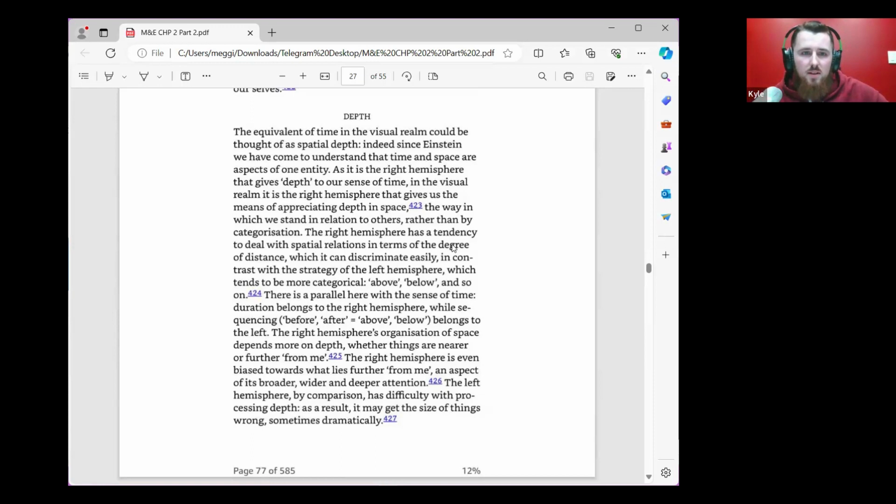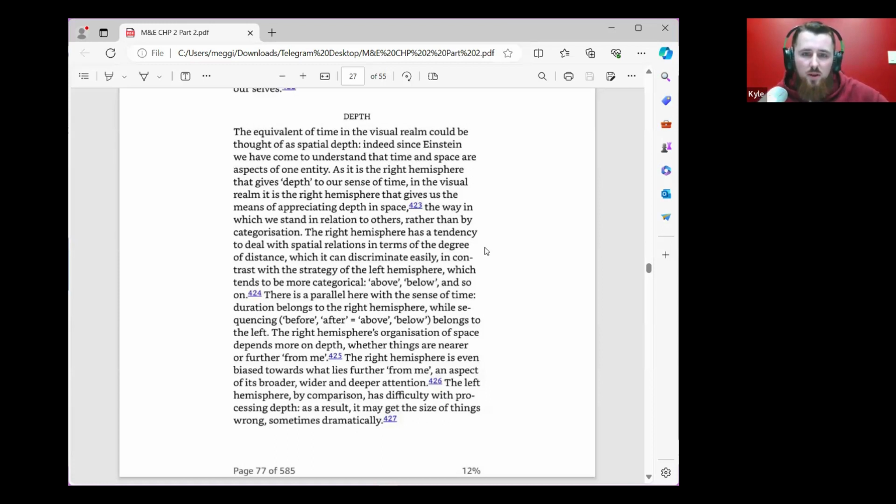The right hemisphere has a tendency to deal with spatial relations in terms of degree of distance, which it can discriminate easily, in contrast with the strategy of the left hemisphere, which tends to be more categorical: above, below, and so on. There is a parallel here with the sense of time duration belonging to the right hemisphere, while the sequencing, before, after, equalling, above, and below, belongs to the left.